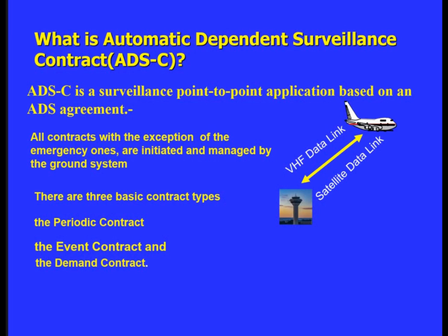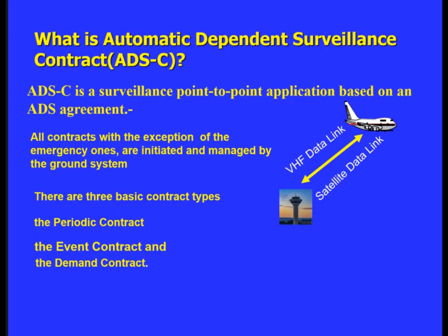The periodic contract specifies the reporting rate at which the avionics is required to assemble and downlink the requested information to the ground system.